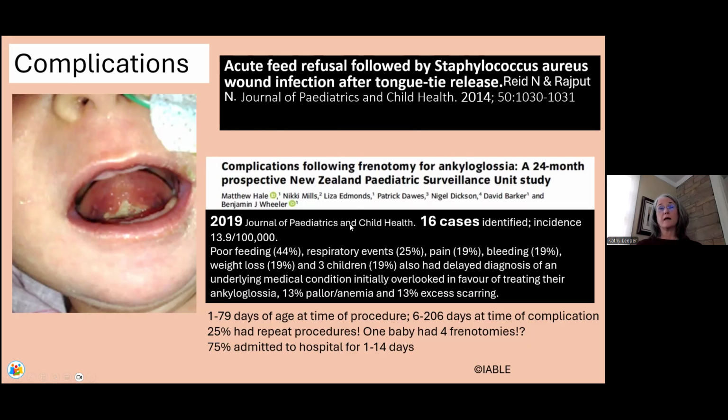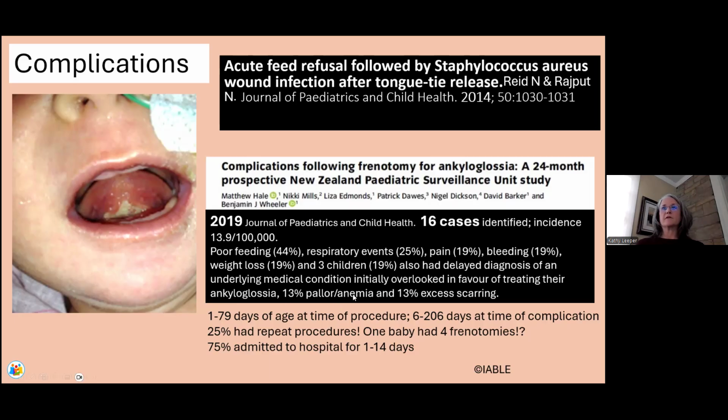In New Zealand, where a lot of people breastfeed and a lot of good studies are done on breastfeeding, they reported 16 cases of complications, poor feeding because my mouth hurts being the most common, respiratory events like apnea or airway obstruction next most common, pain, bleeding, weight loss, and 3 of the children had other things going on like heart disease that were causing their feeding difficulty, but they happened to have a frenulum and somebody decided to clip the frenulum when that wasn't the problem.